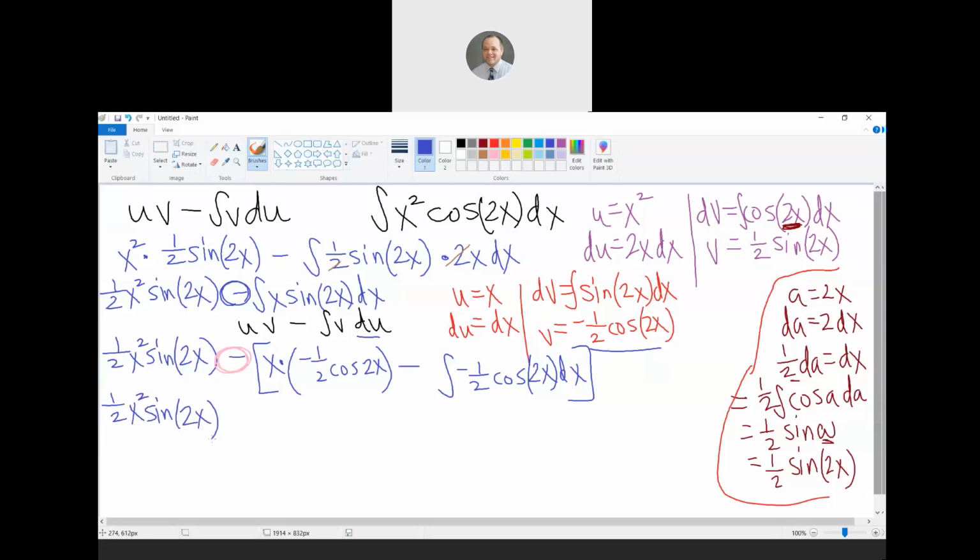A negative times a negative gives us a positive 1/2 x cosine 2x. And be careful here. A negative times a negative is a positive. Times a negative will give you a negative 1/2 integral of cosine 2x.